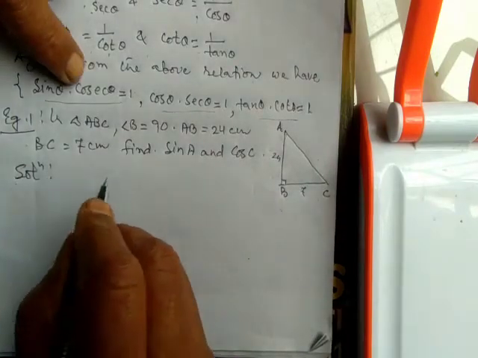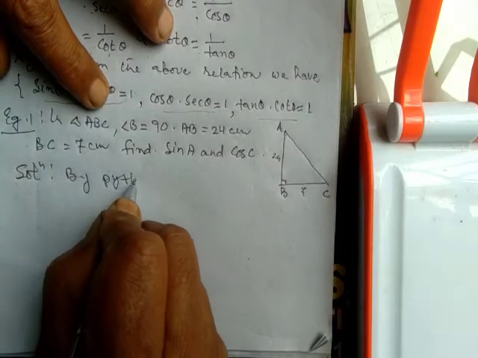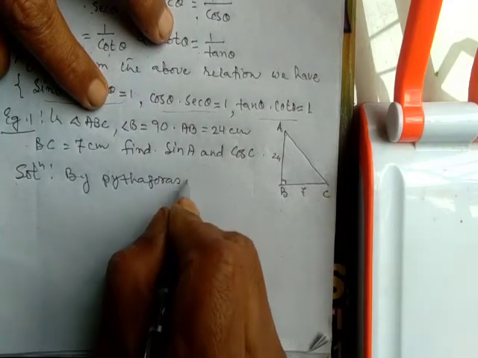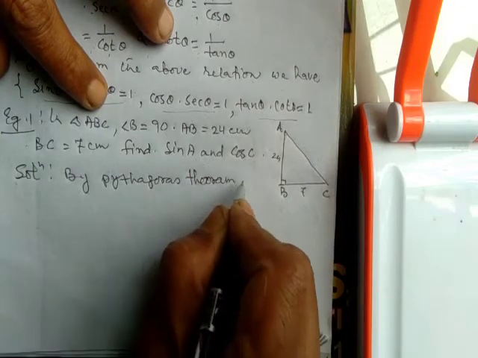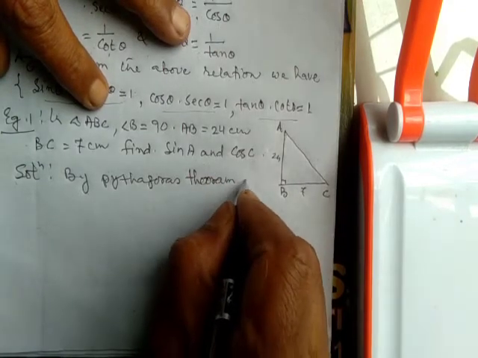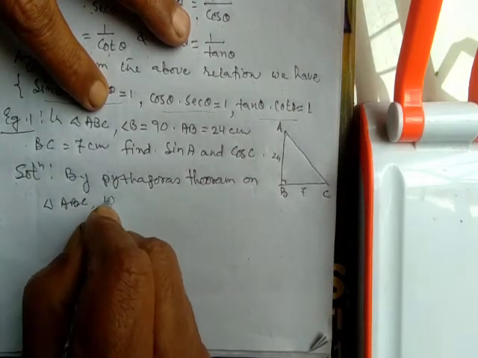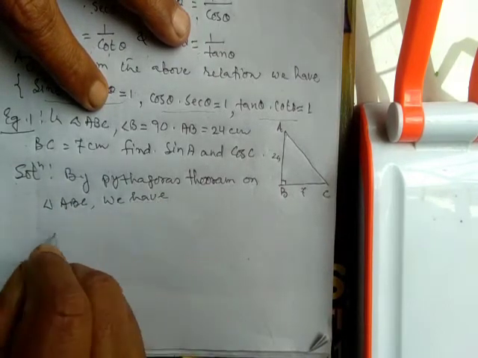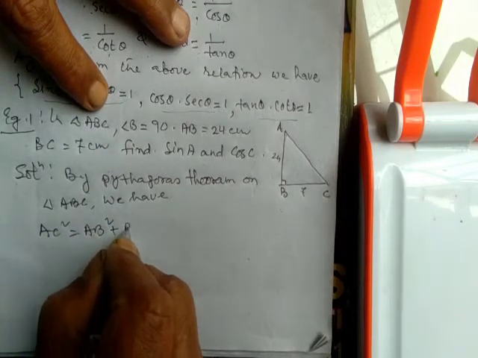Now, by Pythagoras theorem on triangle ABC, we have AC square is equal to AB square plus BC square.